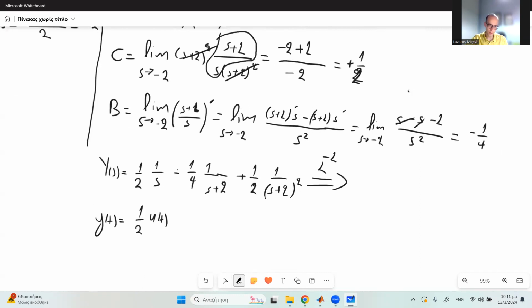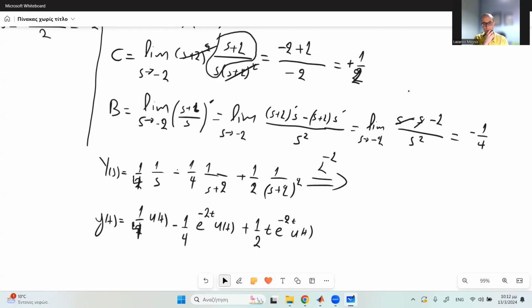So it's 1 over 4 right here, and 1 over 4 right here. And then we have minus 1 over 4 of e to the minus 2t, multiplied by the step, plus 1 over 2, and then we have squared here, and this will give me t times e to the minus 2t multiplied by the step.